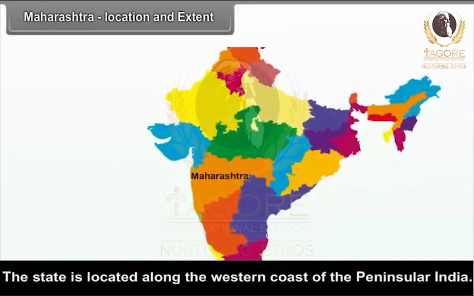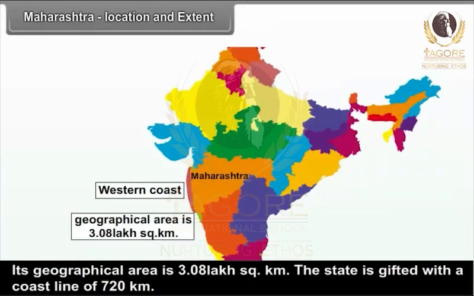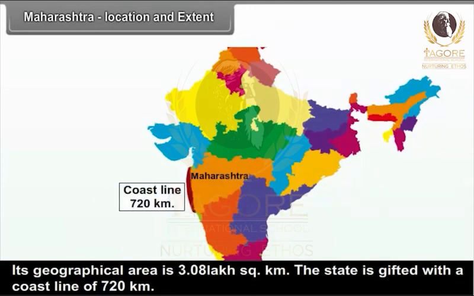The state is located along the western coast of peninsular India. Its geographical area is 3.08 lakh square kilometers. The state is gifted with a coastline of 720 kilometers.